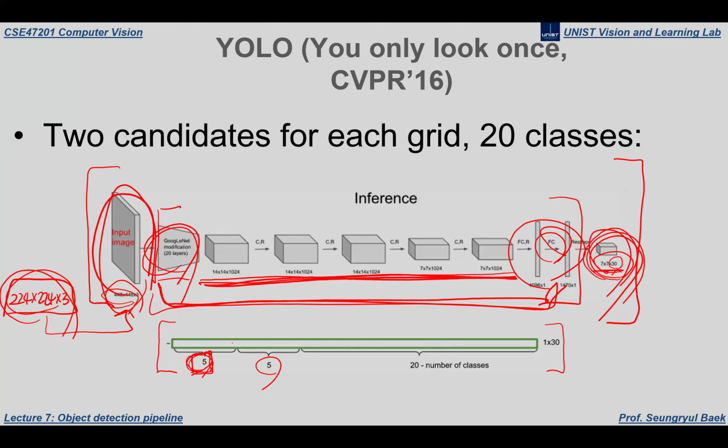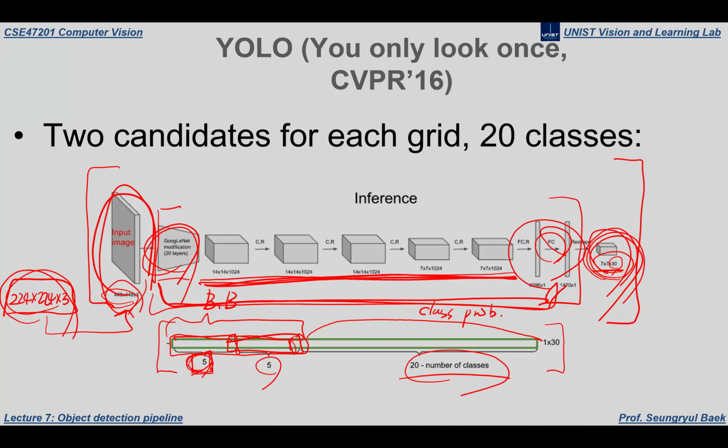These 5 floating values are reserved for one bounding box's information. We are estimating 2 bounding boxes, so 10-dimensional information is reserved for the bounding boxes, and the remaining 20 is for class probability. In the default YOLO algorithm, they are dealing with a dataset having 20 classes, so they estimate a 30-dimensional output.